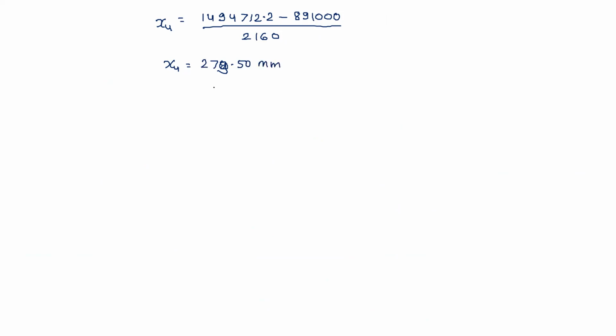Now we have to check this value with xu max. Now we have fy as 500. So we have xu max equal to, for 500, the value 0.46 into depth 600, and this value comes to 276 millimeters. So 279.50 is greater than 276 millimeters.